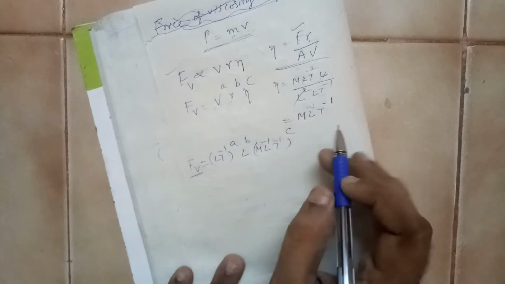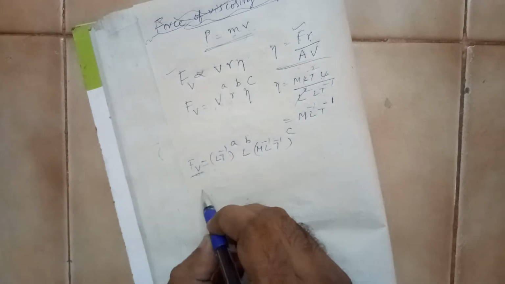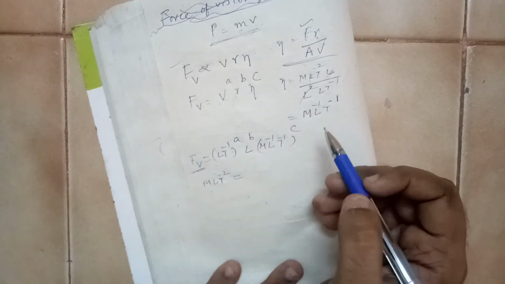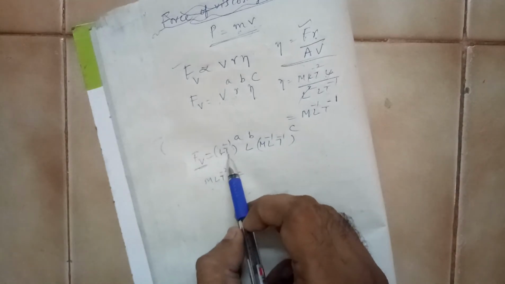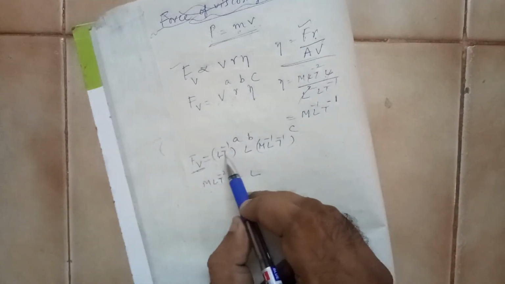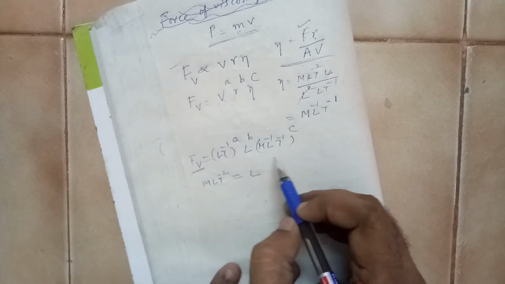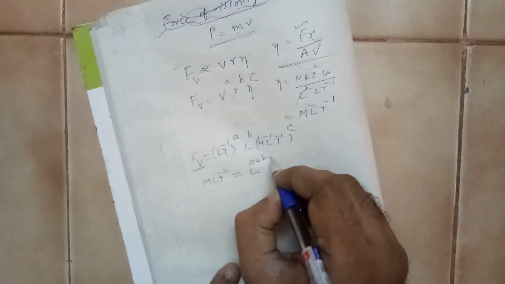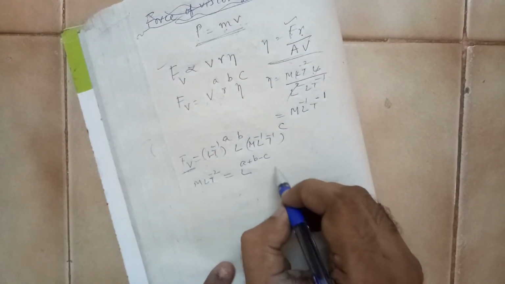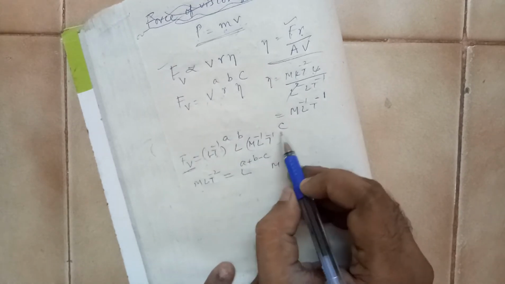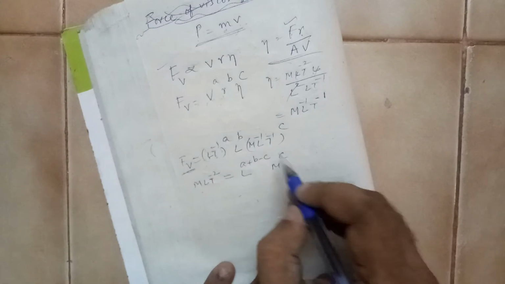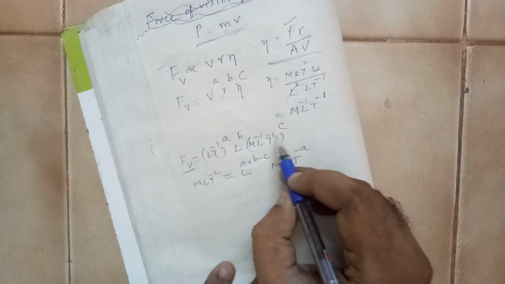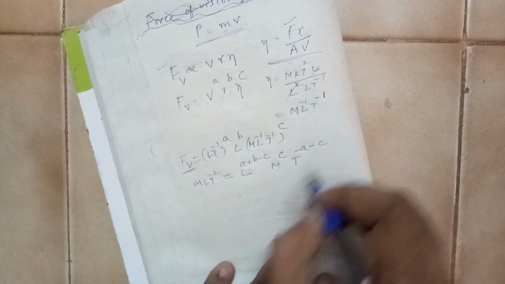On the left hand side, we know the dimensional formula of force, which is M L T^-2, is equal to, we will write in such a way that we collect all the powers of L, T and M. So L, here a, L to the power a, there is b and there is minus c: a plus b minus c. Then M power, here there is plus c, and T power, here there is minus a, and here it is minus c.